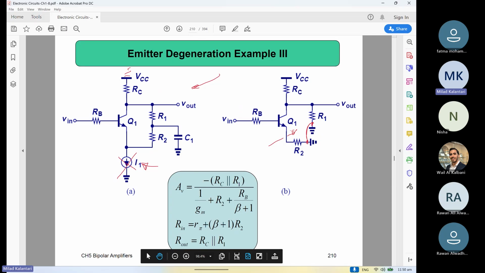Basically, our C1 is short, which means that here is ground, also here is ground, so you can just separate it easily, right? And then the gain again is not that big deal. Basically, you have this R2 as the emitter, you have the base resistor, and then the equivalent collector resistor is these two in parallel, right?